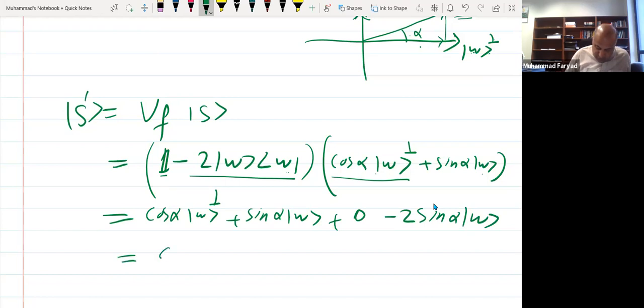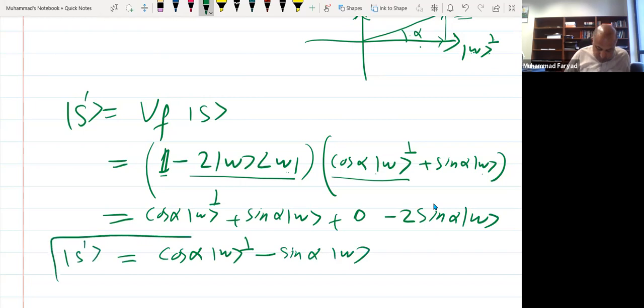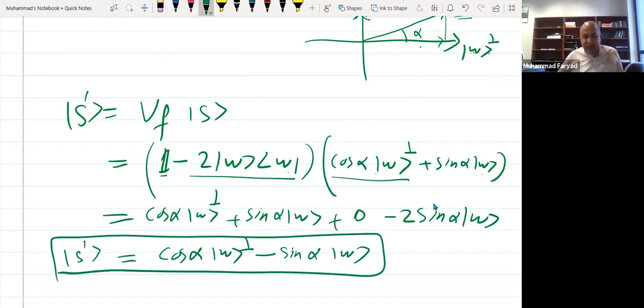Now I can combine them. So it becomes cosine alpha omega perpendicular, and this is plus sine alpha, this is minus 2 sine alpha, they are both omega states. So I get minus sine alpha omega. So this is my S prime state.